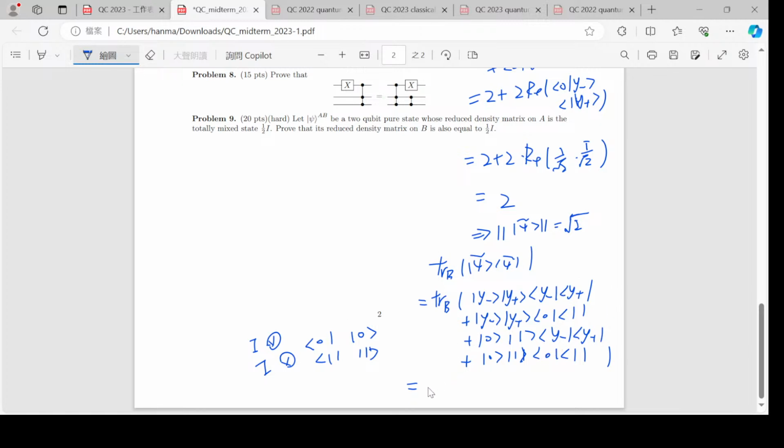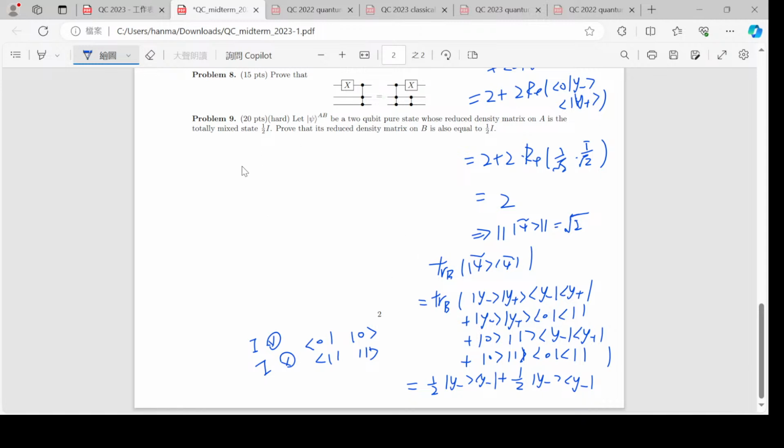So that's 1 over 2 y minus, and then 1, 1 on this thing is also 1 over 2, I think, hopefully correct, y minus y minus.